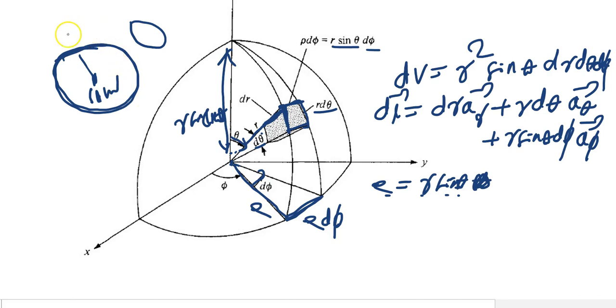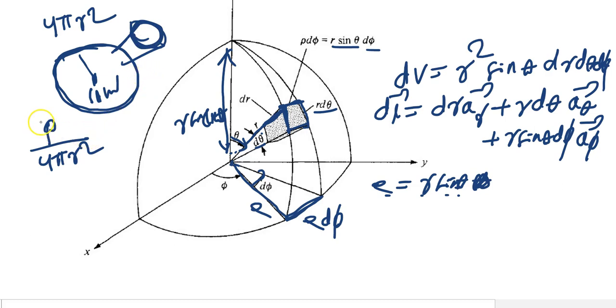What is the area of the sphere? 4 pi r square. So power density becomes P upon 4 pi r square. Suppose somebody asks what is the power received in this area? So obviously this power density and this differential area, then integrate for different values, that is theta and phi.